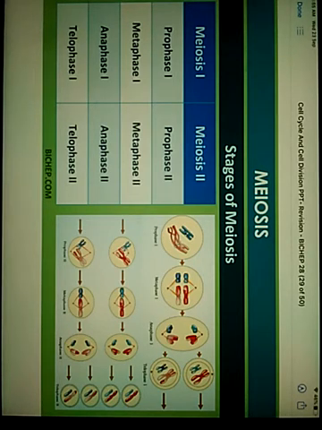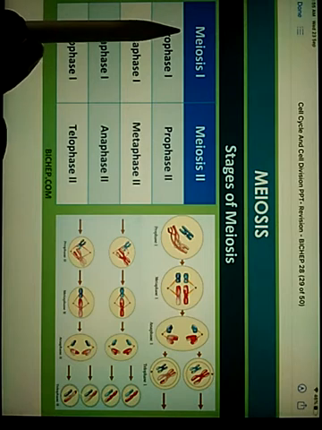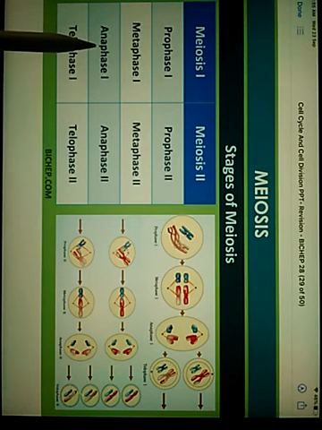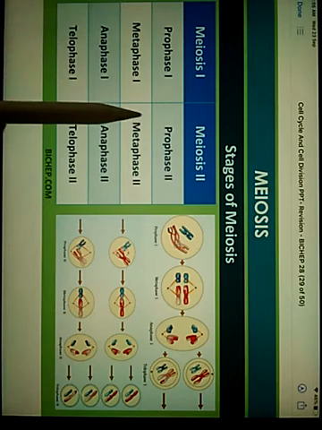Now, as we have discussed earlier about various stages of meiosis, we have distributed the entire meiosis process into two divisions. The first division is meiosis 1, which goes through prophase 1, metaphase 1, anaphase 1 and telophase 1.